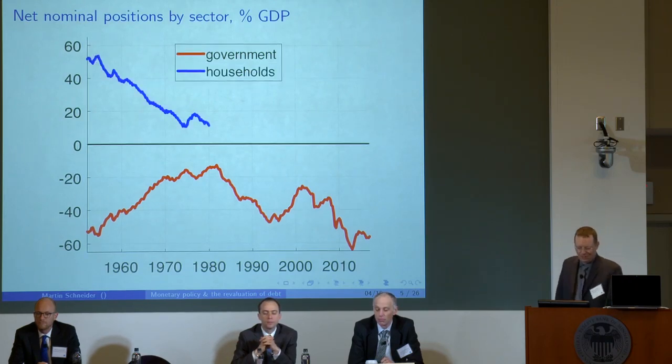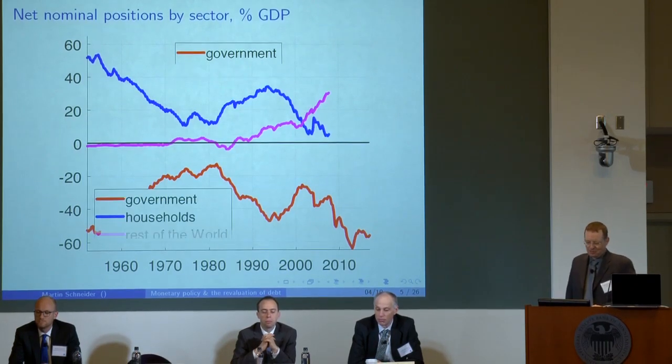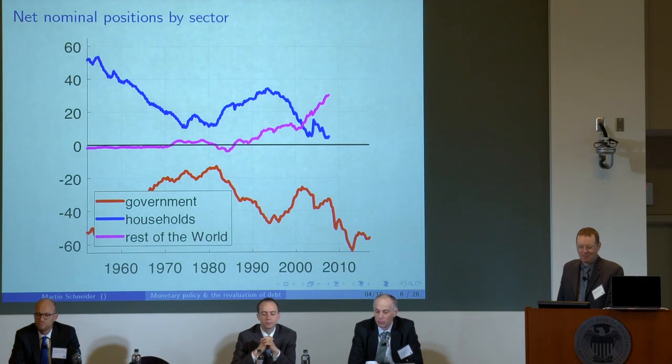Between World War II and 1980, this was basically held by households, and it was gradually reduced over time. And what changed in 1980 was that the increase in the government debt was funded partially through holdings by households, but also through holdings by the rest of the world.